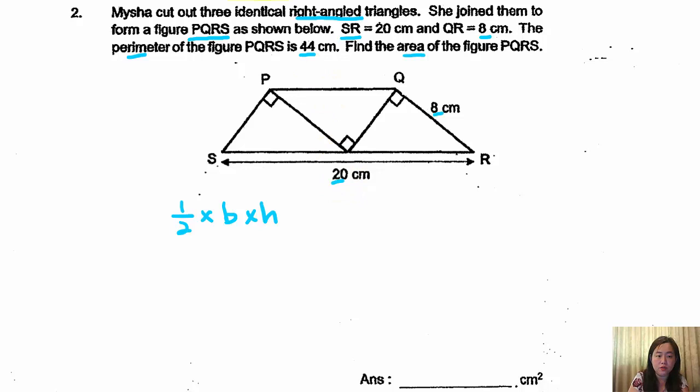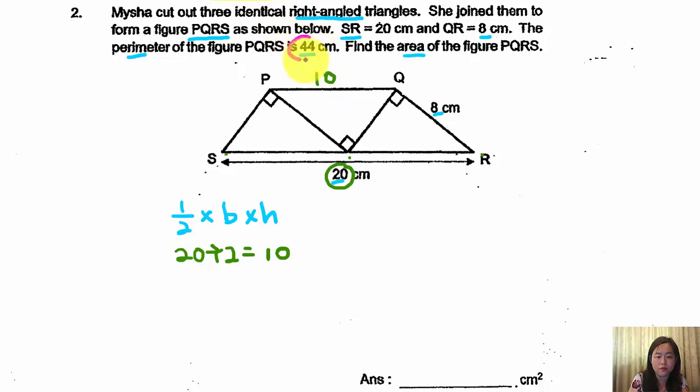First thing first, notice that this is 20 cm, and if we divide this by 2 because there are 2 sides, 1, 2, we know that 20 divided by 2 is actually 10, and therefore this is also 10.